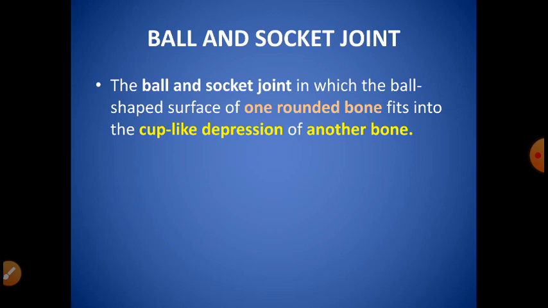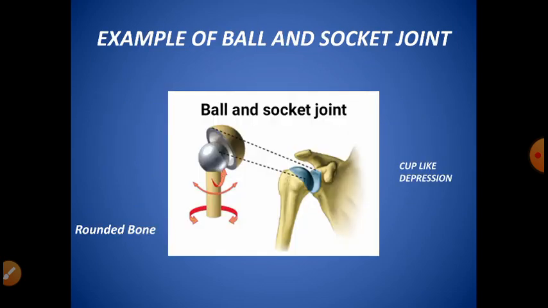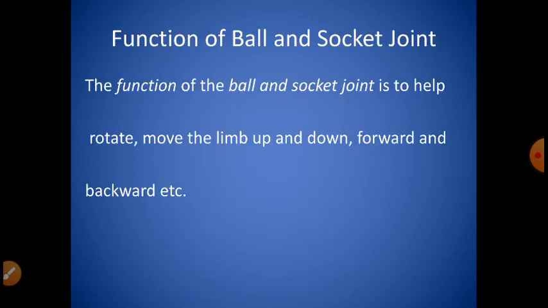Ball and socket joint. The ball and socket joint is the joint which is made up of a ball shaped surface of one rounded bone which fits into the cup like depression of another bone. Let's see. This rounded bone gets fixed in the cup like depression of the shoulder bone, and in this way the ball and socket joint works.